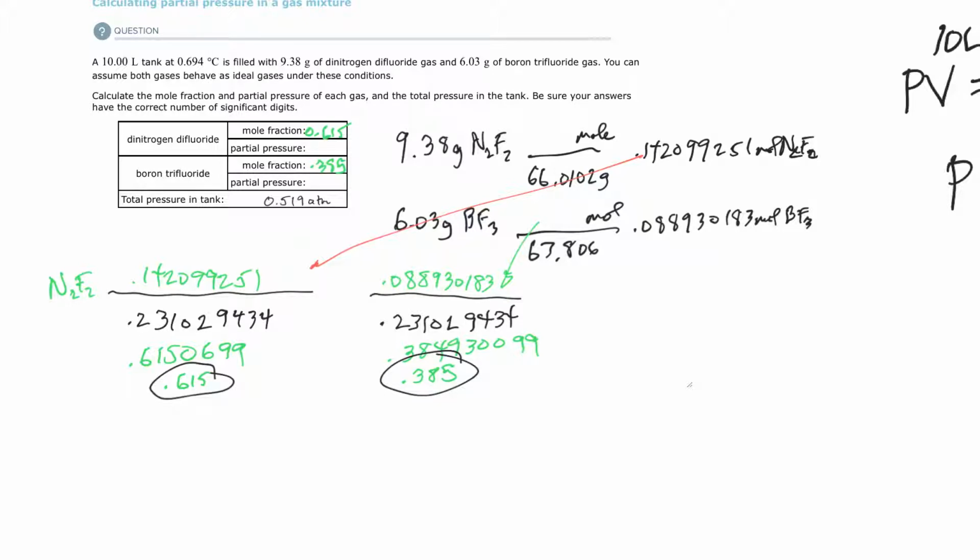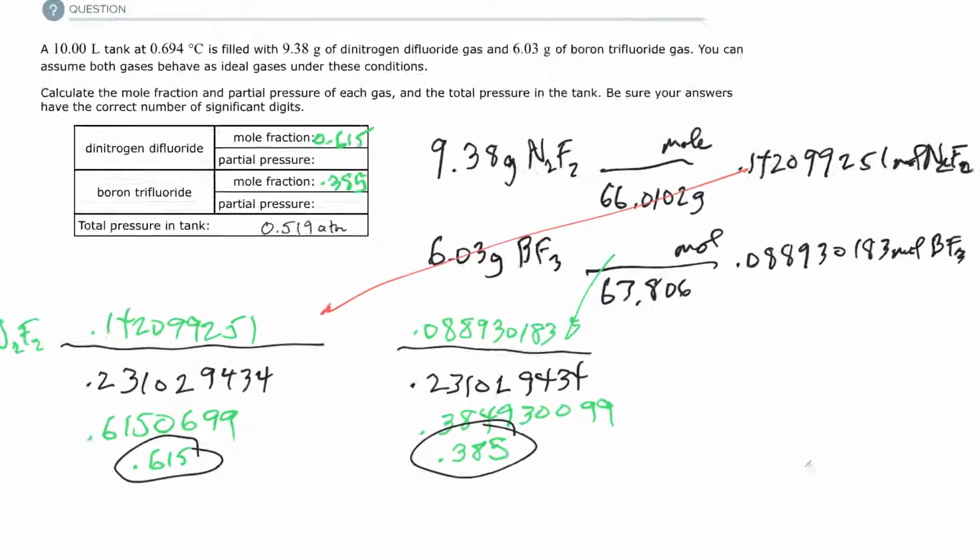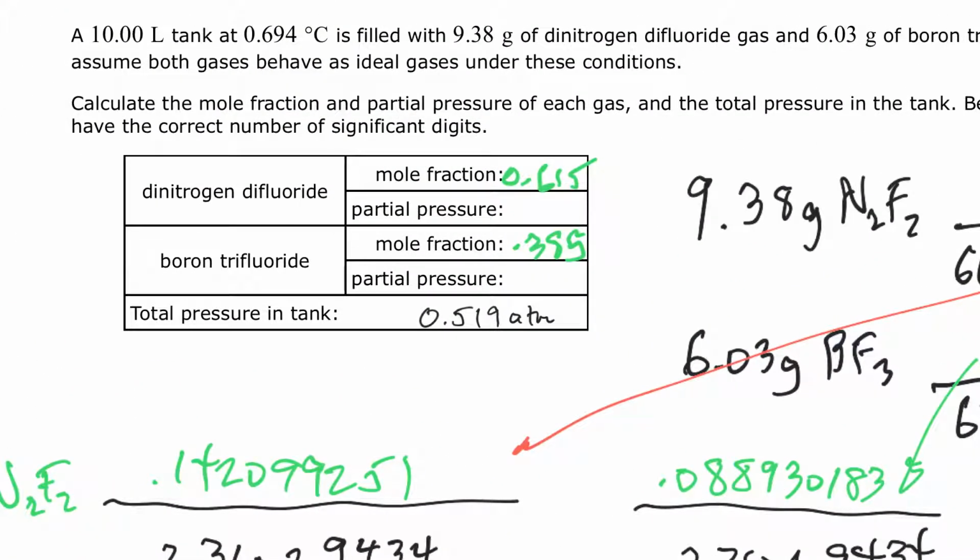The 0.615 is 61.5% of the total pressure, and the other is 38.5% of the total pressure, and that's the partial pressure. So when I take 0.615 times 0.519, I get a total of 0.319 atmospheres.